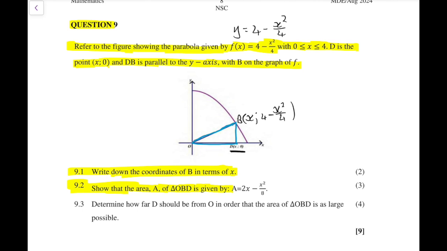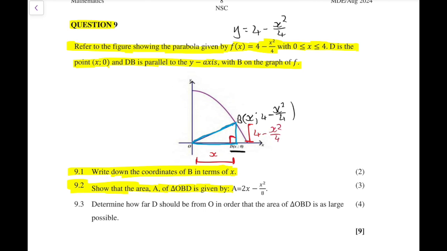So what is area essentially? Area is a half of the base times the perpendicular height, because you know this is 90 degrees. So you have a base of x and a height of (4 minus x squared) over 4.